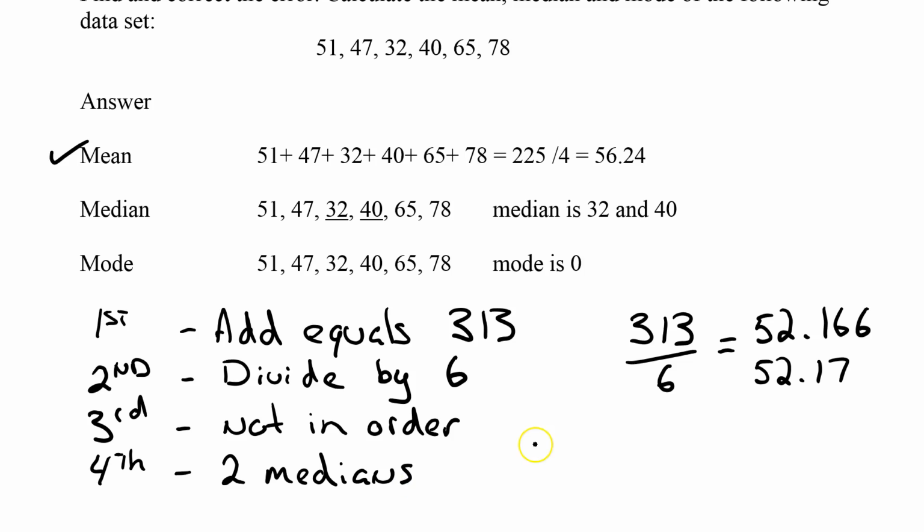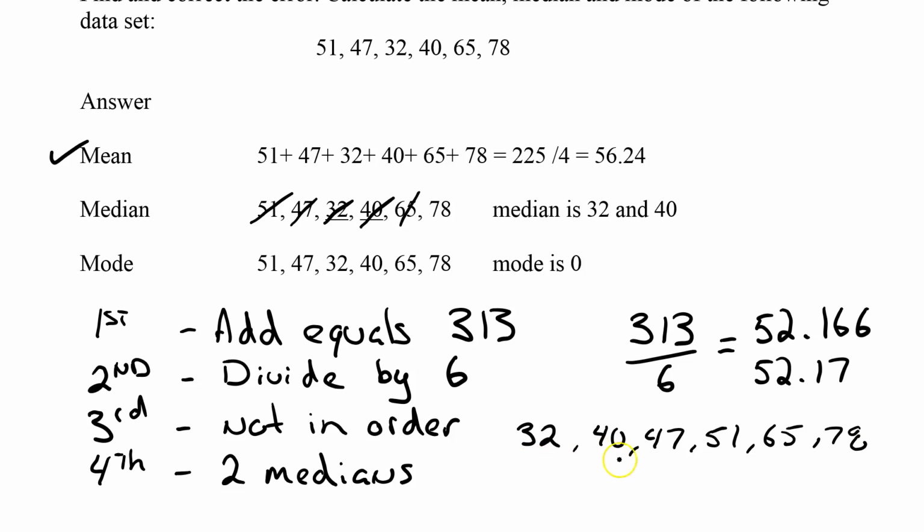First of all, we're going to put them in order. So I've got 32, 40, 47, 51, 65, and 78. So now I look at the middle number.